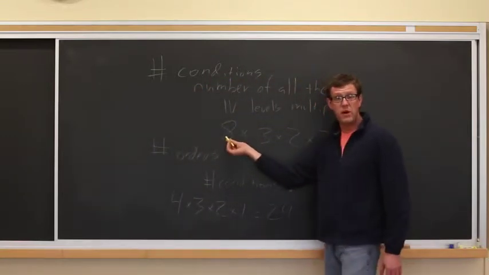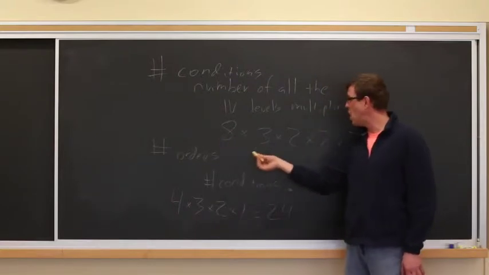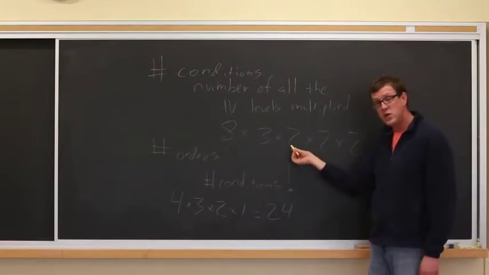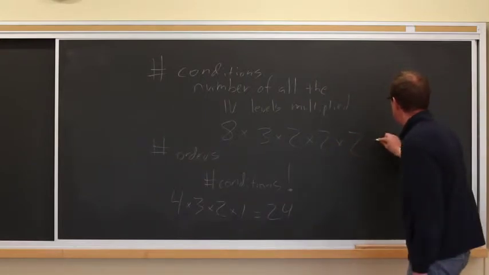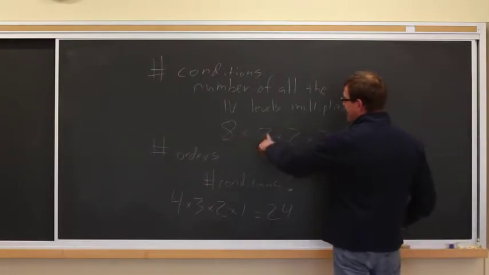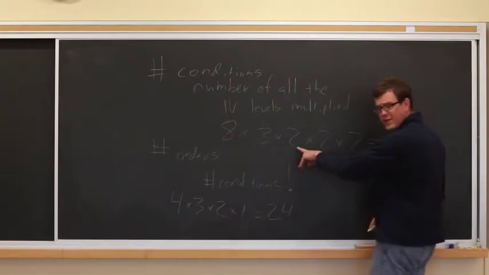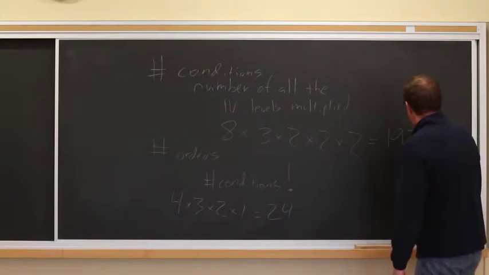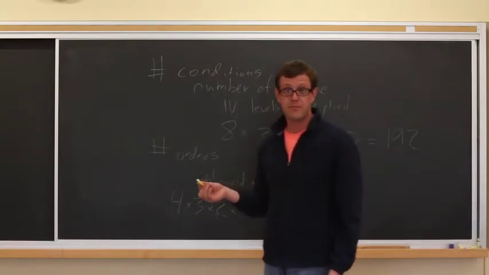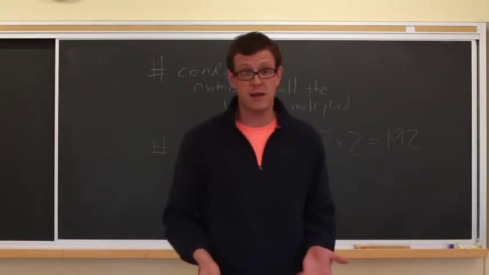So 5 independent variables. One had 8 levels, one had 3 levels, one had 2 levels, another had 2 levels, and finally the last one had 2 levels. So there are 8 times 3, that's 24, times 2, that's 48, times 2, that's 96, times 2, that's 192 conditions. Wow, that's a lot of conditions.